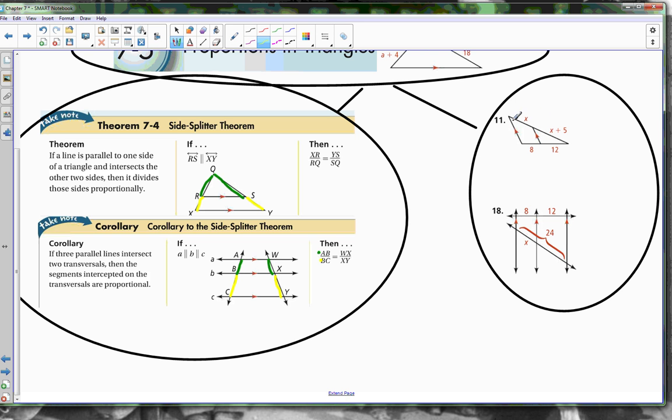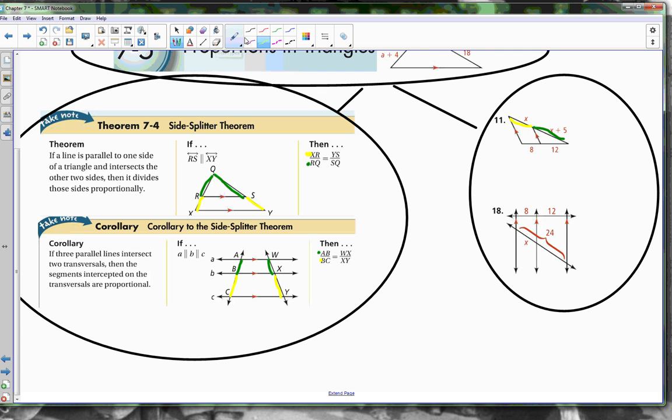So if I'm looking at number 11 here, we're going to solve for x. So I'm going to use the side splitter theorem. So if I were to transfer that here, this is my RQ, and this is my RQ, and then this is my XR.